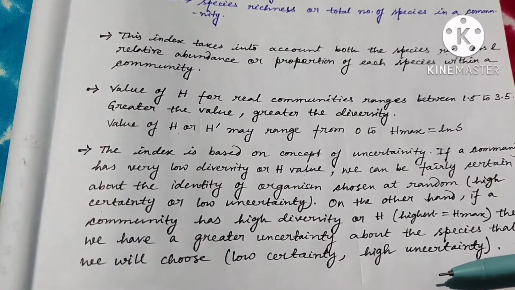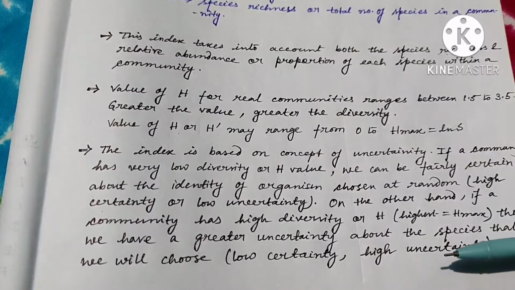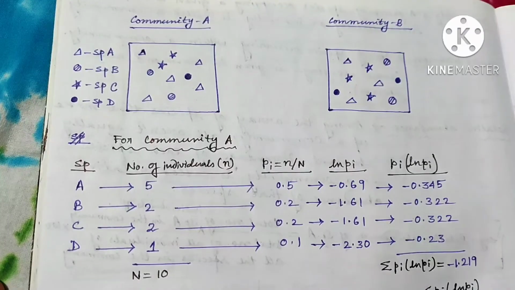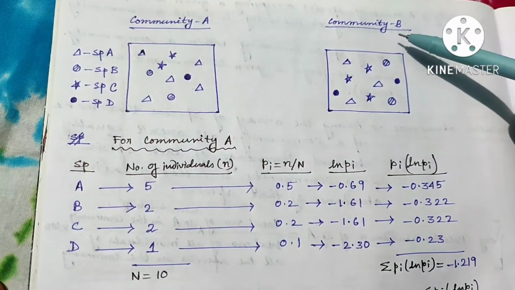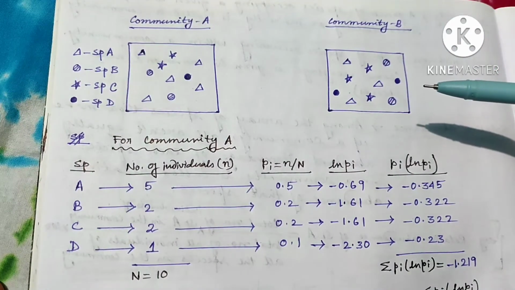Now we will see a problem and we will try to derive the Shannon index from that problem, and we will try to compare two communities. So let's take a look. See here, this is the problem. It is community A and it is community B. And in both communities, species richness is the same.